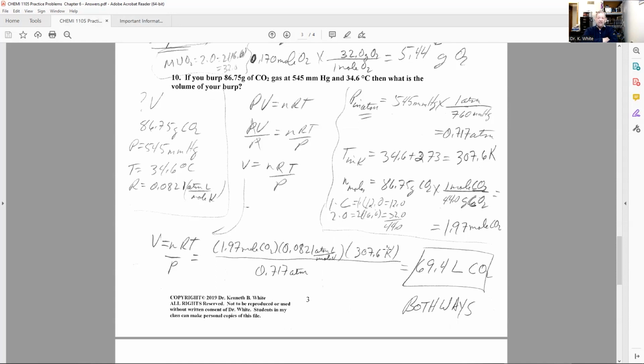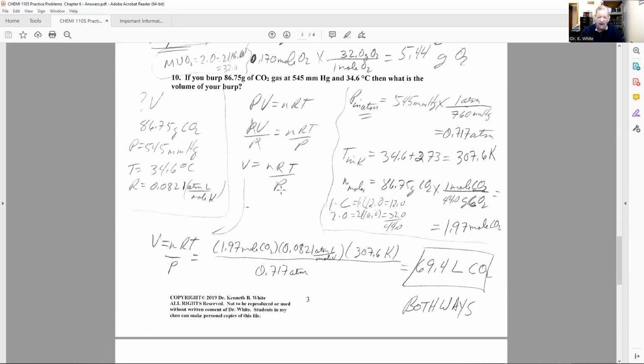If there's a problem doing this, you can either round off at each step or at the very end. And if you notice at the bottom, I have both ways. If they're the same, that's what that means, if you round off at the end or round off at each step like Dr. White.